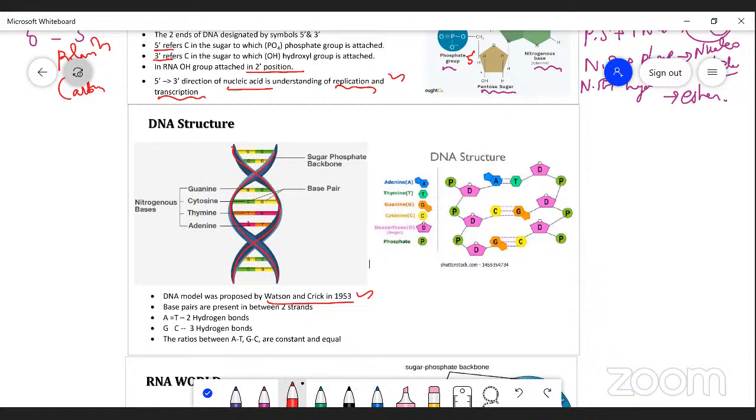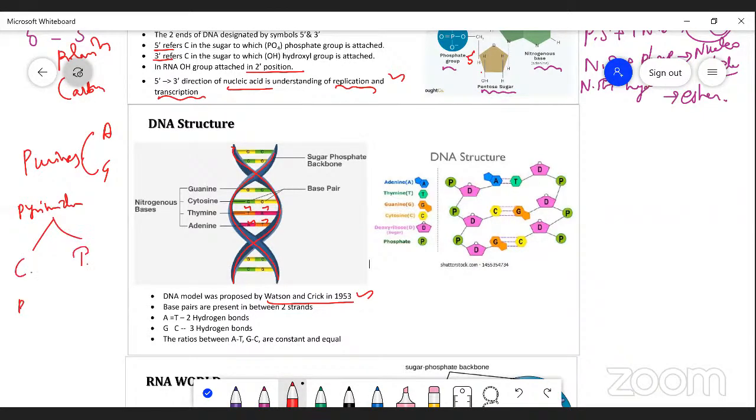See, the bases are adenine, thymine, cytosine and guanine. You already know there are two types of nitrogenous bases: purines and pyrimidines. Purines are two, adenine and guanine. Pyrimidines are cytosine and thymine.